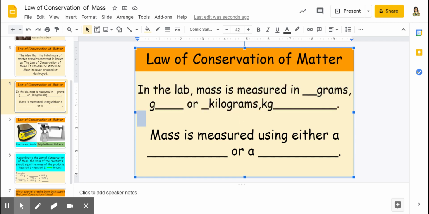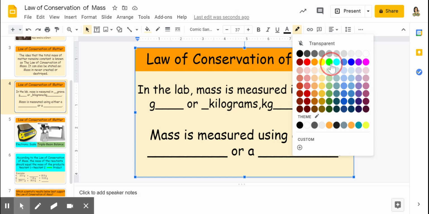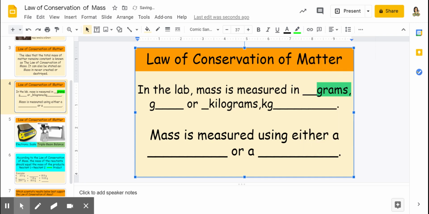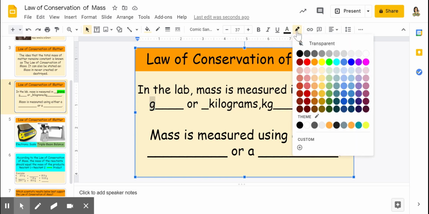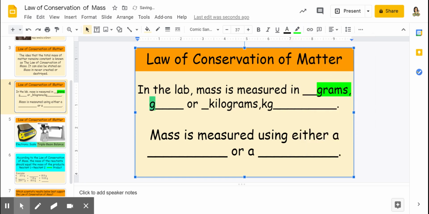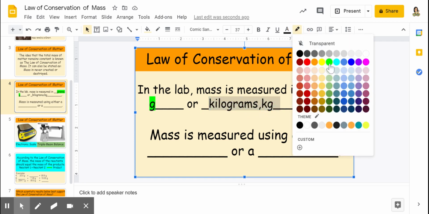You can even highlight this one, say in green, so you can see it right away. And this one, gram as well, highlighted in green. And this one right here is kilogram, and we can highlight it with a different color, say a blue one.